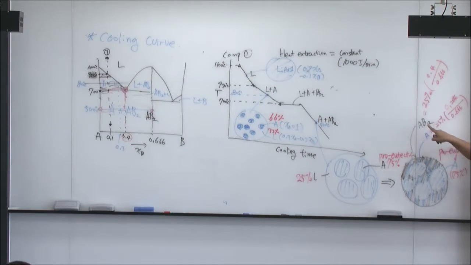Because it's 1 mole of AB2. So when you say the amount, typically the lever rule is applied for the weight. It's not for the mole originally. But when you apply it to the mole, you have to make sure that your system has only 1 mole of element basis all the time.